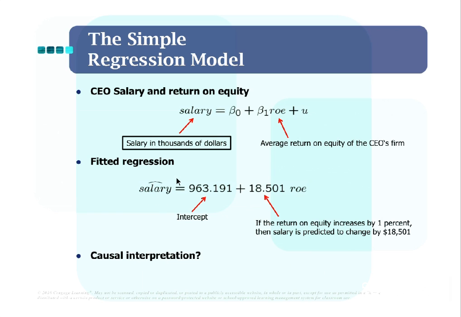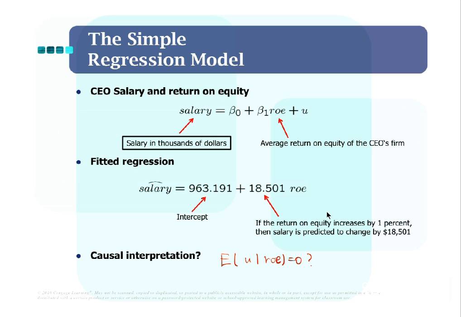Now we ask whether this 18,500 has a causal interpretation. By which, again, we mean whether the conditional expectation of u conditional on ROE satisfies the assumption, whether this condition holds or not.